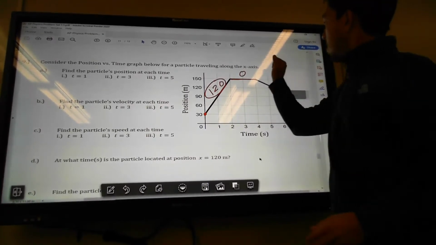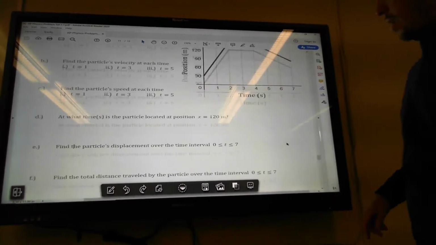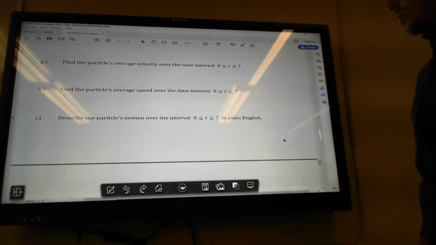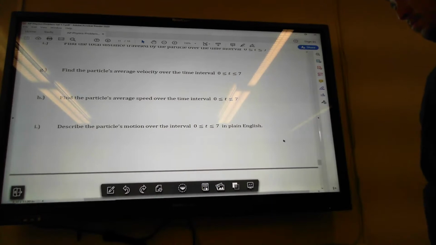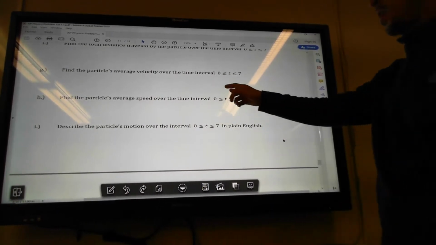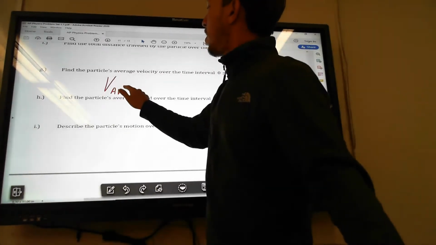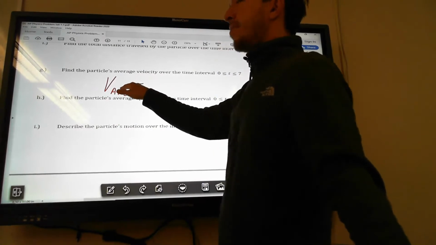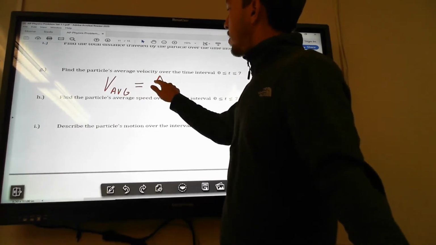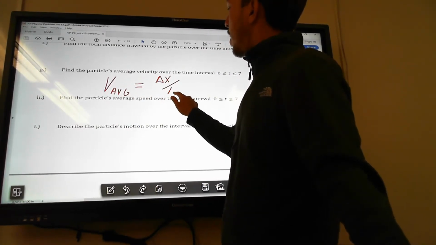With those two values, how do you find his average velocity? Go back to your original definition. Average velocity is displacement over time.